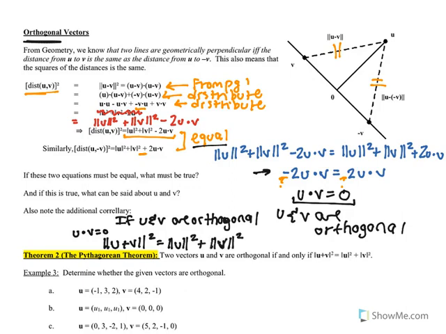Sorry, that doesn't look like a v. But this is the Pythagorean theorem. This is a squared plus b squared equals c squared. Amazing. So if u and v are orthogonal, that's why we can use the Pythagorean theorem to determine the length of different sides.